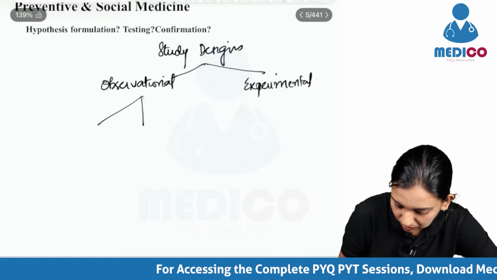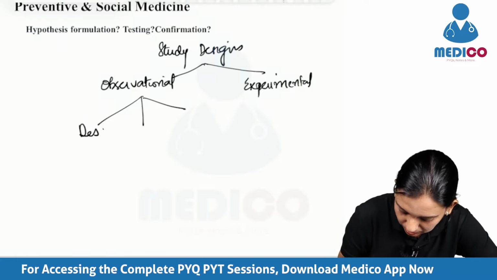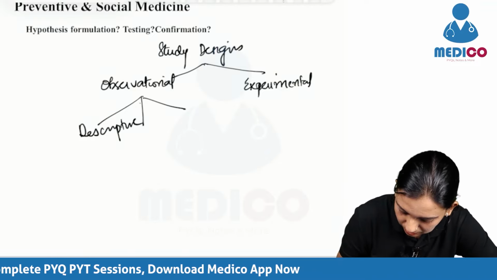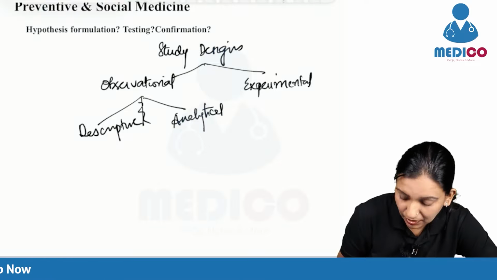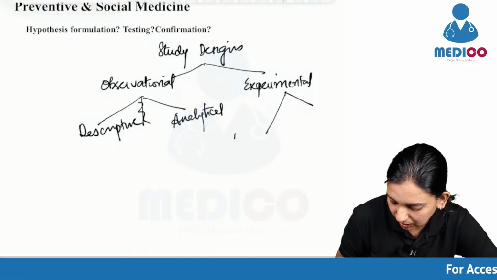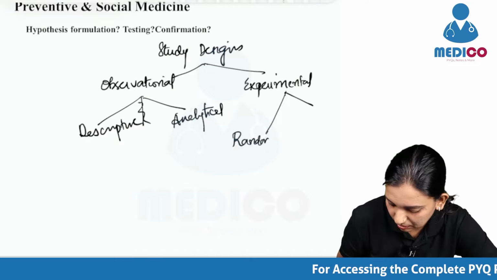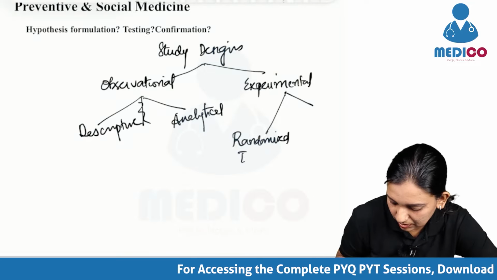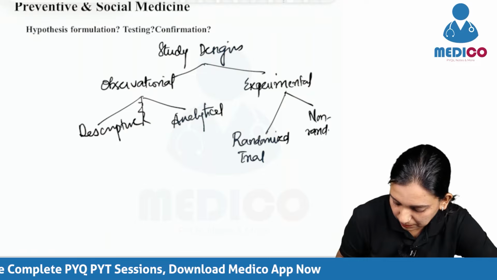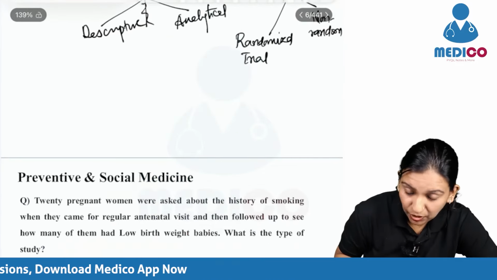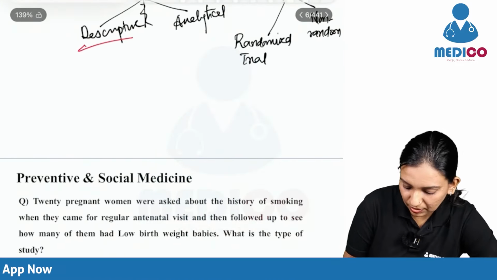Okay, so you have observational, experimental. Under observational, you have descriptive studies and analytical studies. Under experimental, you have two types, that is randomized trials and non-randomized. Now, under descriptive, what are these studies which are descriptive?